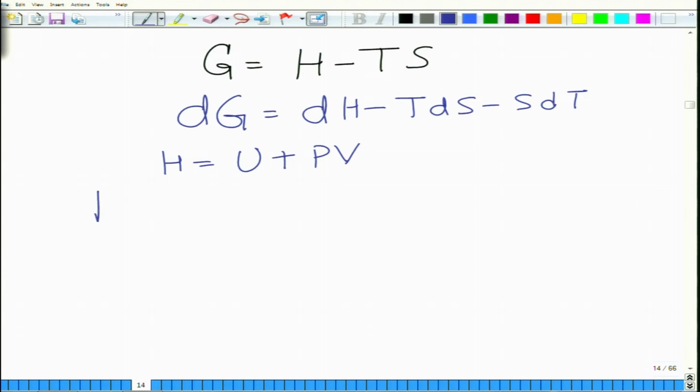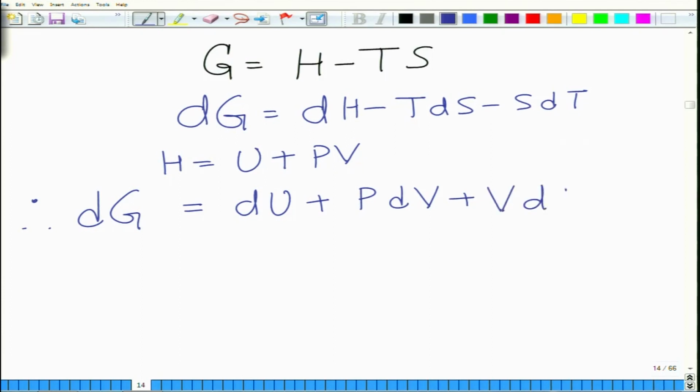If you replace this, then dG will become dU plus PdV plus VdP minus TdS minus SdT. So, this is the expression that you get.